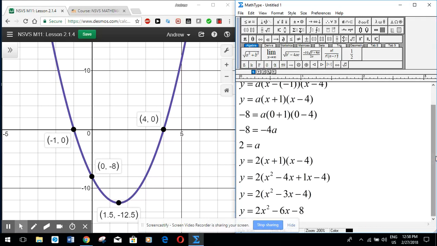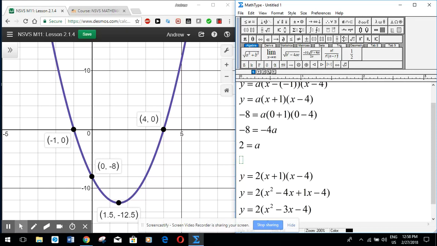Now you'll notice a couple of things here. One, the -8, the constant term at the end, is equivalent to our y-intercept. So we could have found that by just expanding it and putting it in standard form. The other way we could find it is we know that our y-intercept is going to be located where x is 0, equal to a times r times s.